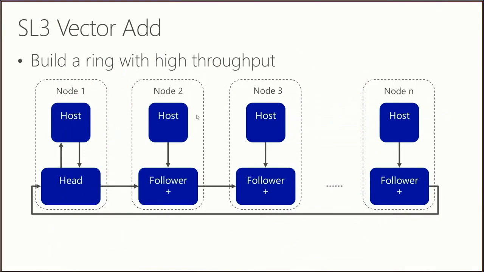Is it from the head or from the follower? Both the head and the follower's host will send a vector to the FPGA. And actually the head initializes the processing, and when the follower receives the vector from the head via serialized 3, it will add it up and send the results back to the head.